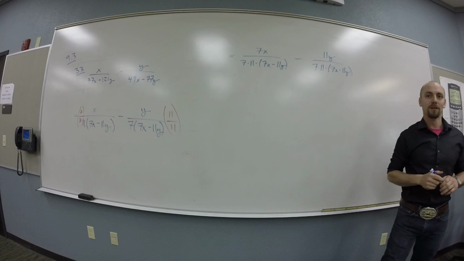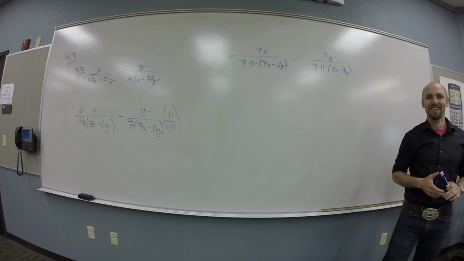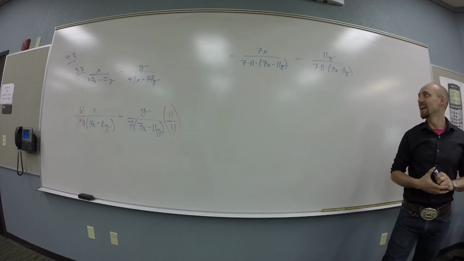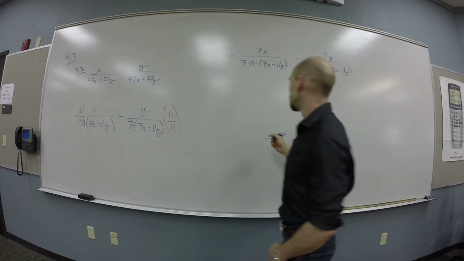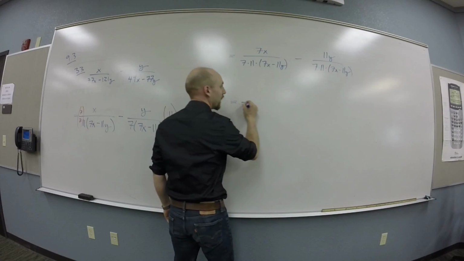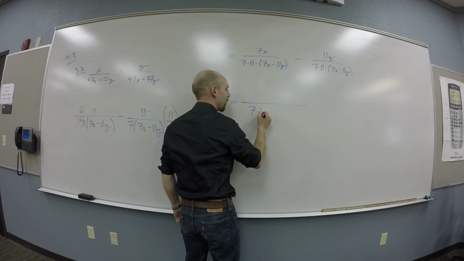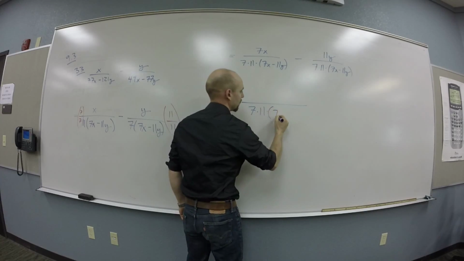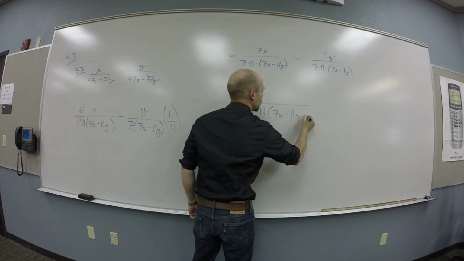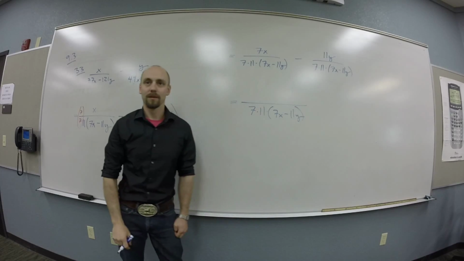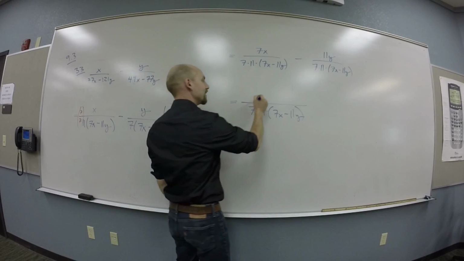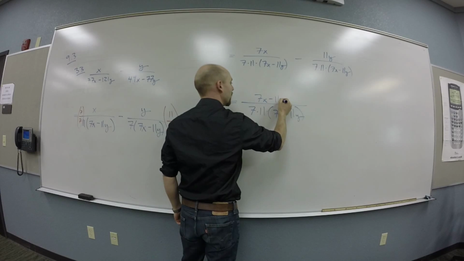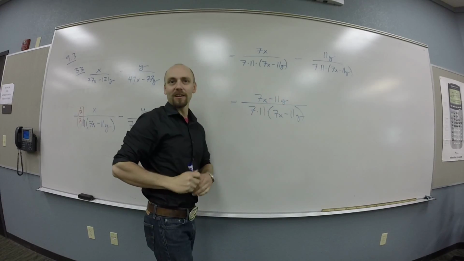Okay. See it, Zach? What's Zach see? The onesie. Yeah, he sees a onesie. So maybe we should do one more step, right? We should combine the tops and have the tops all over our common bottom. So what's the top now? 7x minus 11y, which is half of a onesie, right?